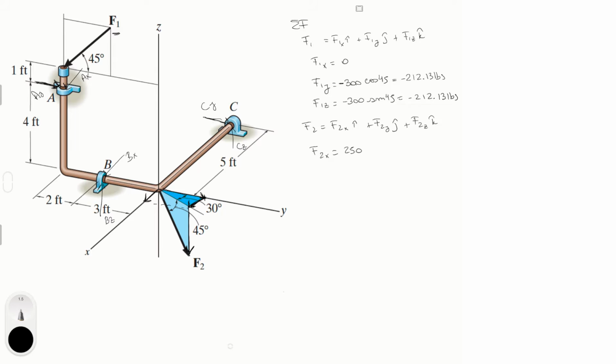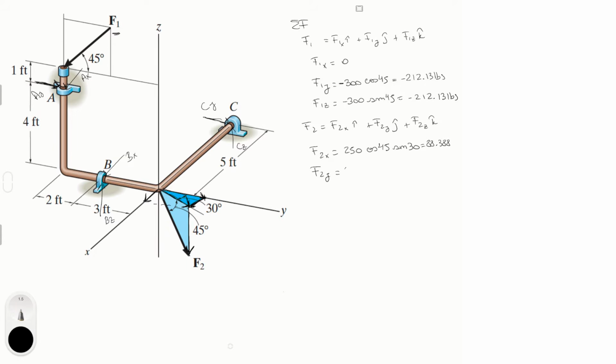So the force times the cosine of 45 times the sine of 30. So the cosine of 45 gives you this force right here, and then that force times the sine of 30 gives you the X component. That comes out to be 88.388.